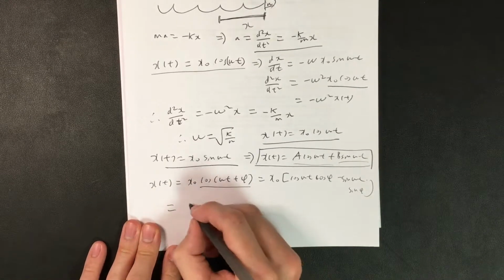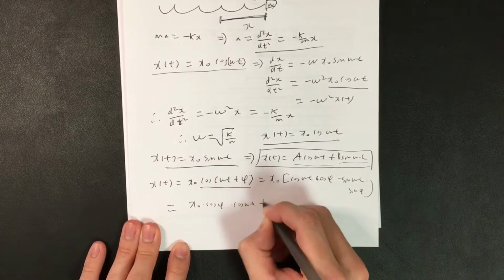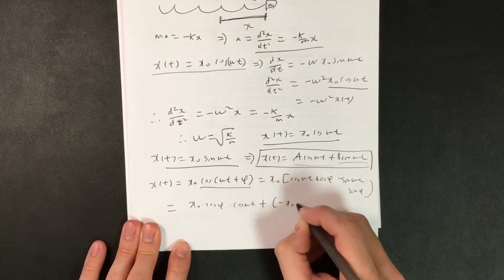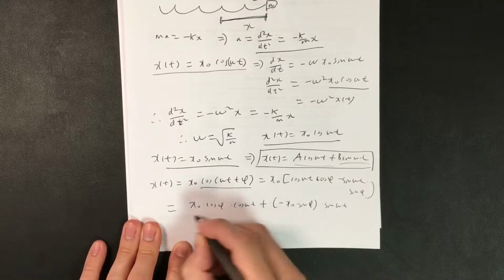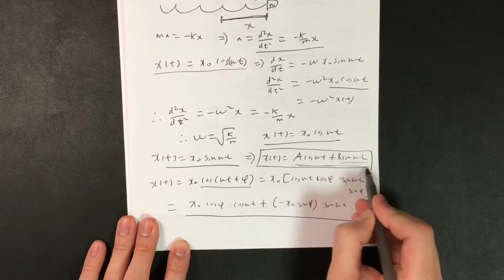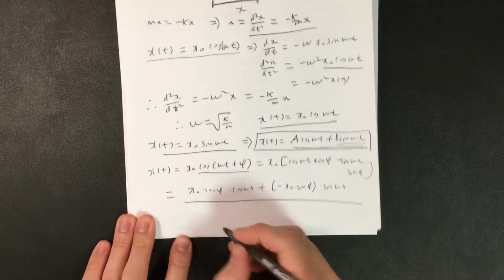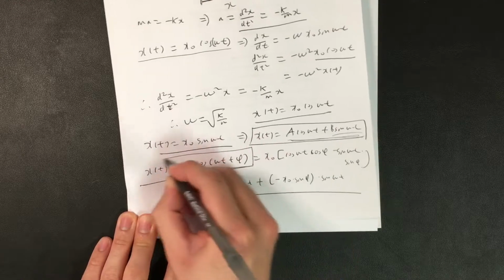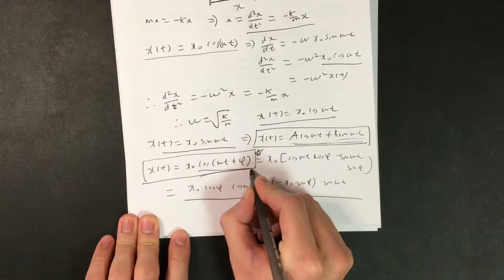This becomes x naught cosine phi times cosine omega t plus negative x naught sine phi times sine omega t, which is in the form of a cosine omega t plus b sine omega t. Therefore, a general solution would be x of t equals x naught times cosine of omega t plus phi.